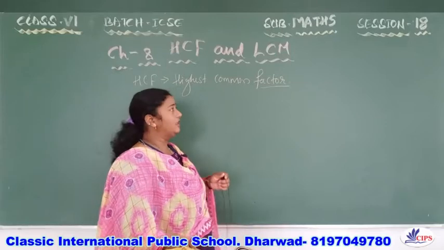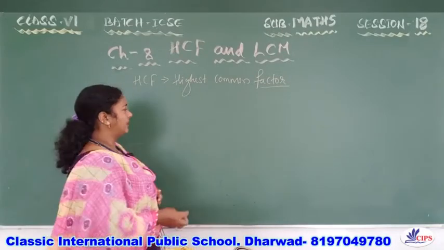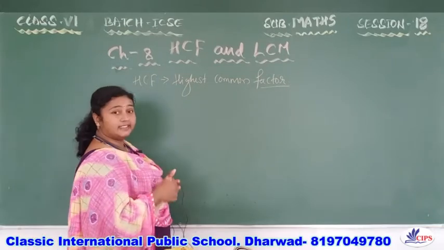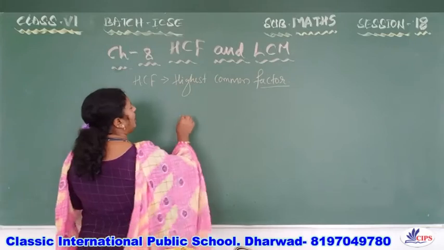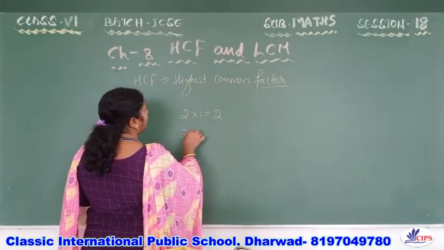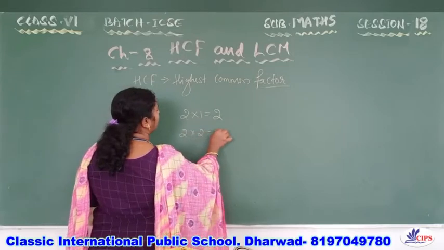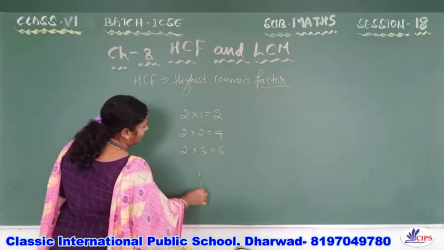In the last session, you learned about factors and multiples also. Let me revise that again. I gave the example of table 2. If I ask you to write the table, how are you going to write? 2 1s are 2, 2 2s are 4, 2 3s are 6. Like this you write the tables.